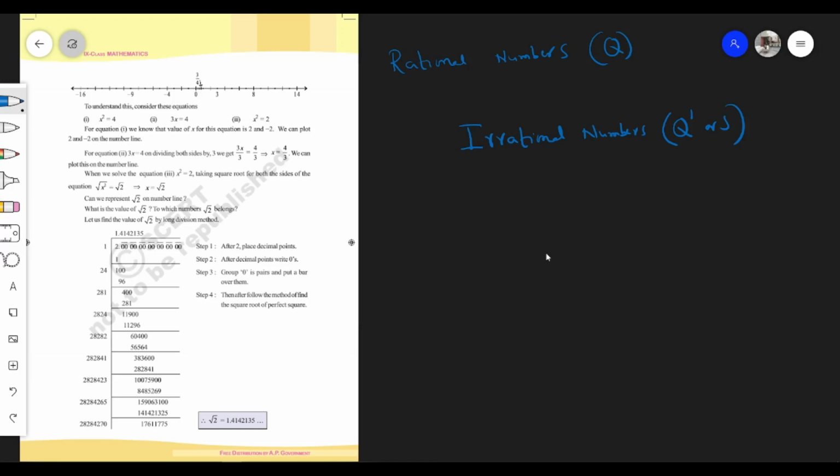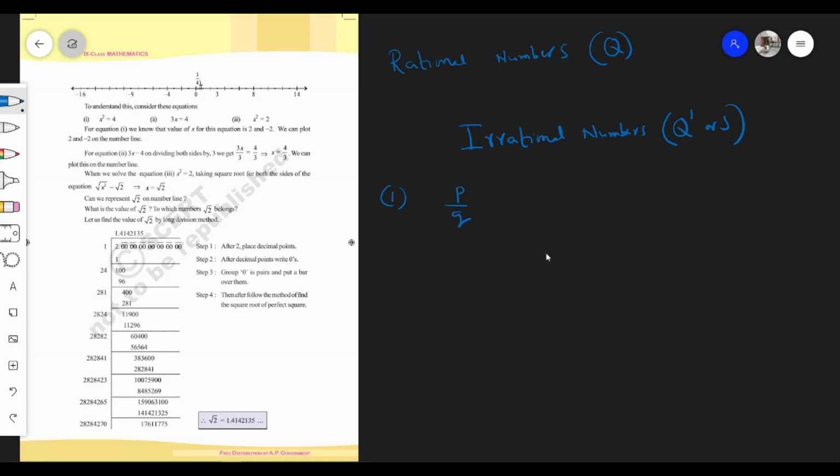So what are irrational numbers? Numbers that are not rational are called irrational numbers. That's it, definition over. But to be exact, irrational numbers are those numbers which cannot be written in the form of p by q, where p, q are integers and q not equal to 0. Yes, there are such numbers that can't be written in the form of p by q.